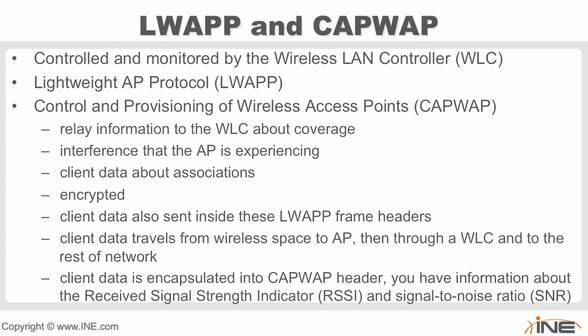When the client data is encapsulated in this CAPWAP header, you're going to have information about the received signal strength indicator, the RSSI, and the signal to noise ratio. So the wireless LAN controller gets a full picture, not only of what the AP is seeing, but what the client is seeing in the network as well. It creates a centralized brain, if you will.